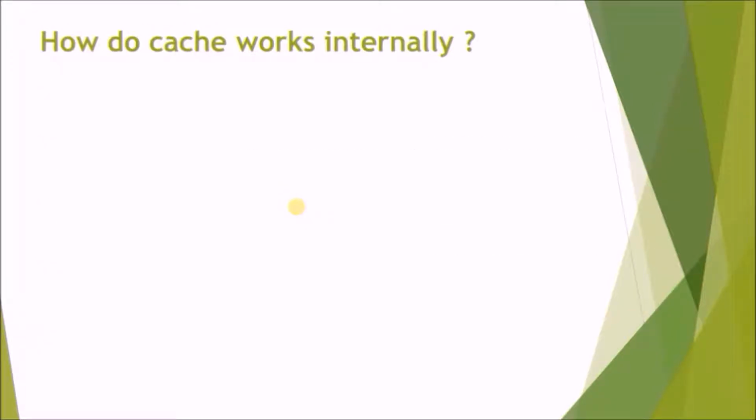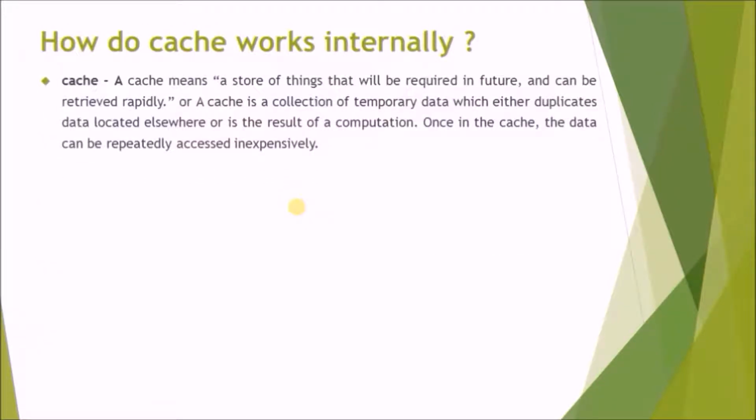How does cache work internally? Cache. A cache means a store of things that will be required in future, and can be retrieved rapidly. Or a cache is a collection of temporary data which either duplicates data located elsewhere or is the result of a computation. Once in the cache, the data can be repeatedly accessed inexpensively.